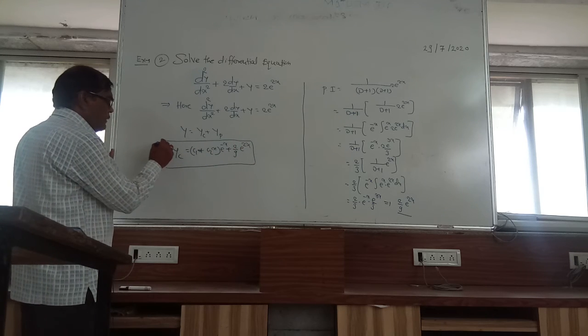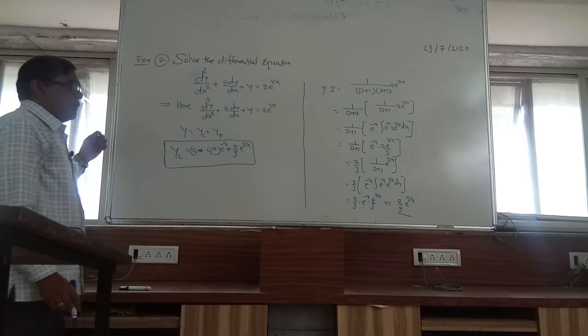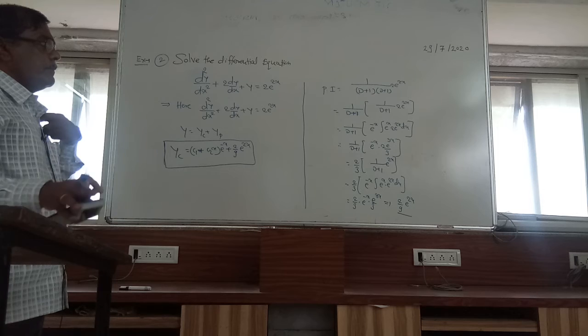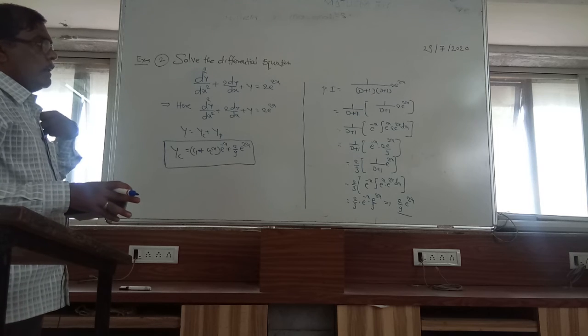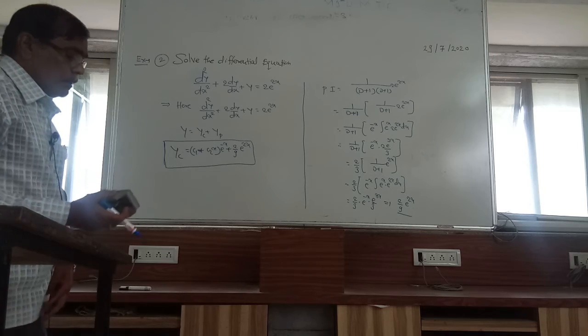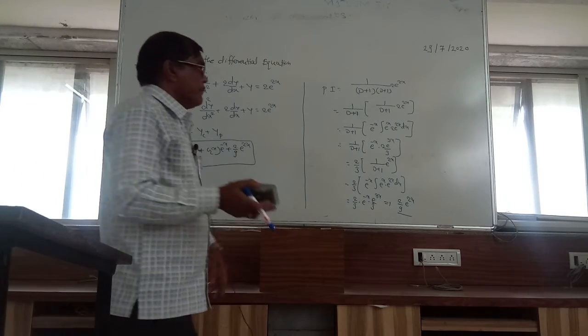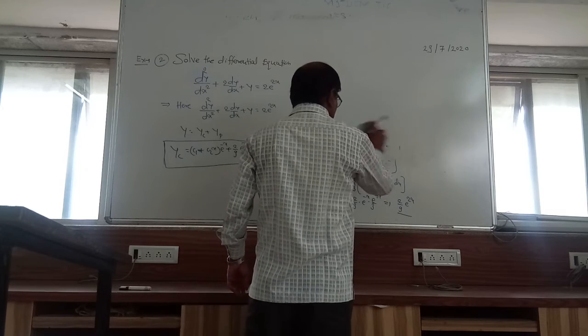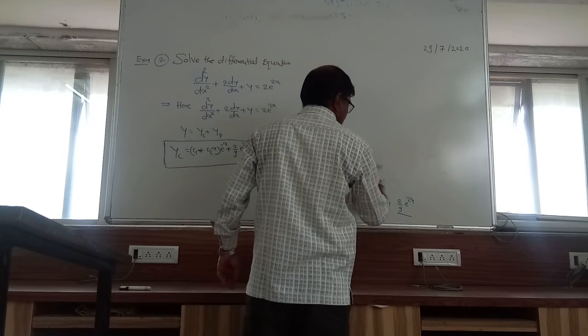This is without resolving by partial fractions, and if we resolve by partial fractions, these are 1 upon d plus a, 1 upon d plus 1. So we have the same solution; though the methods are different, the solution remains the same.